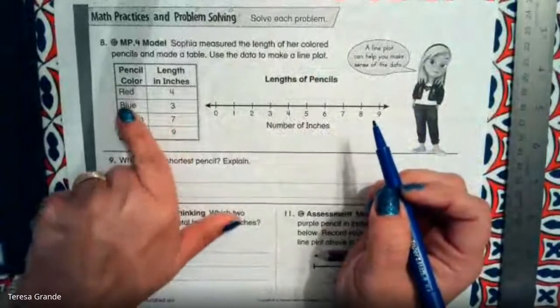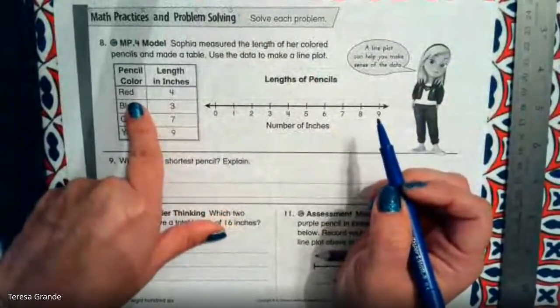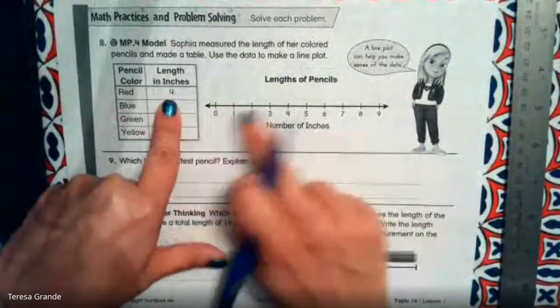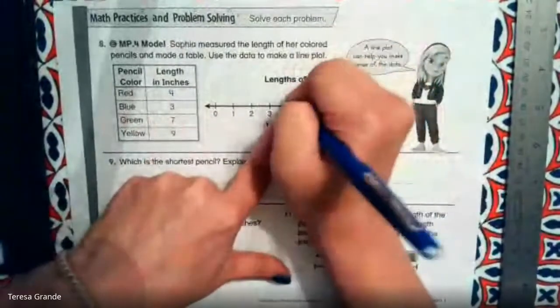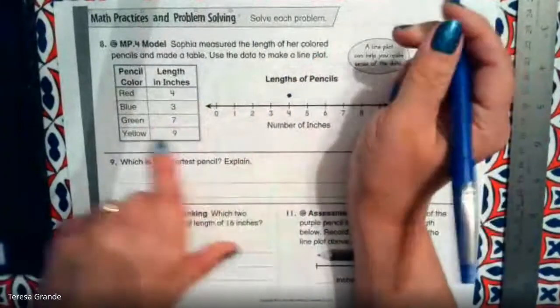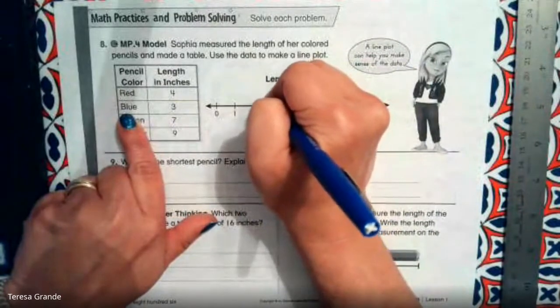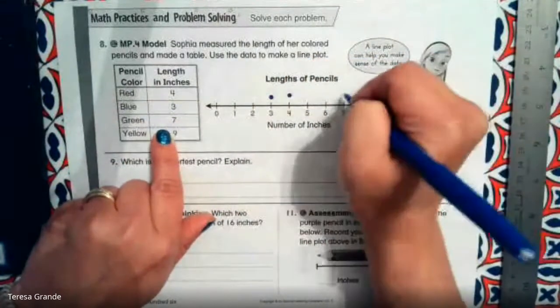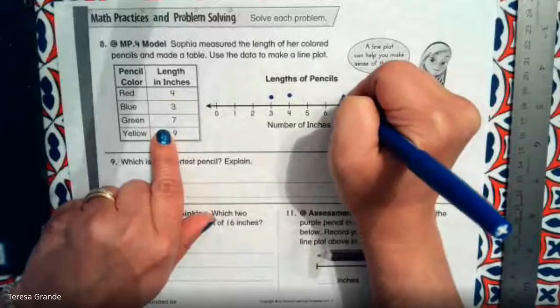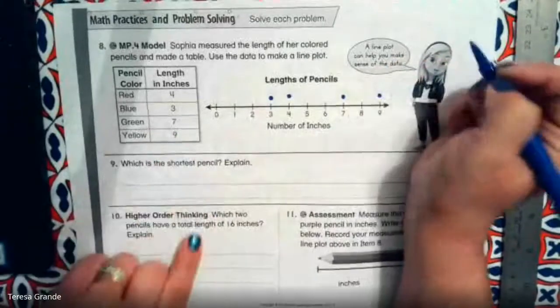So we can go to the data chart and say, okay, look, her red pencil is 4 inches. Here's the number 4. We're going to put our dot above the 4. The blue pencil is 3 inches. The green pencil is 7 inches. And the yellow pencil is 9 inches.